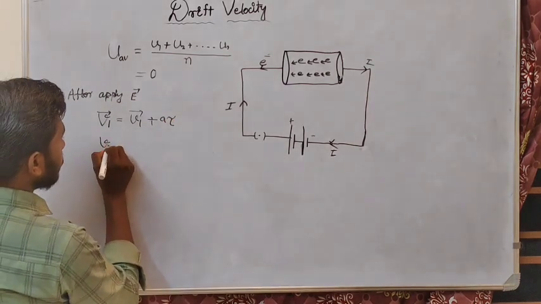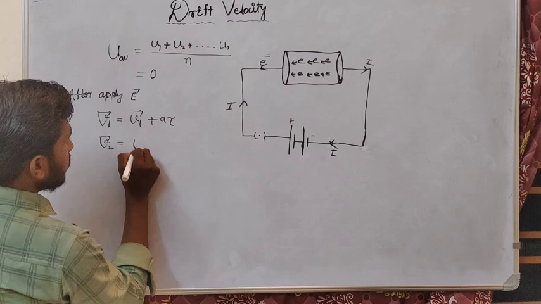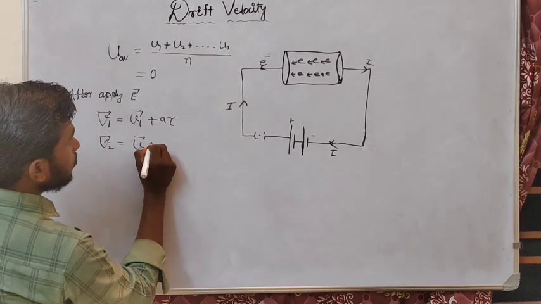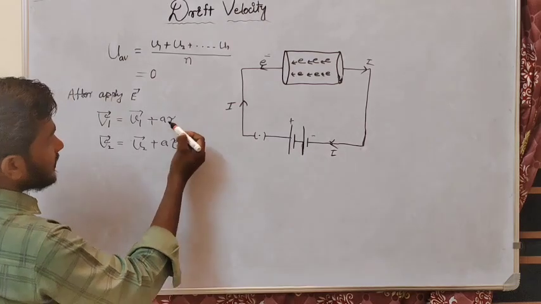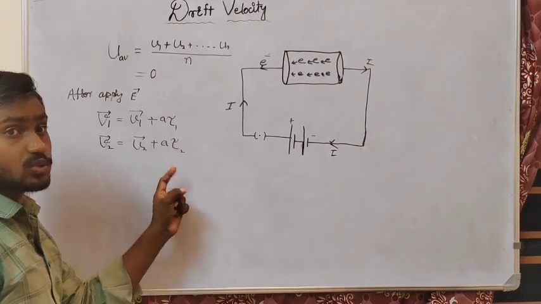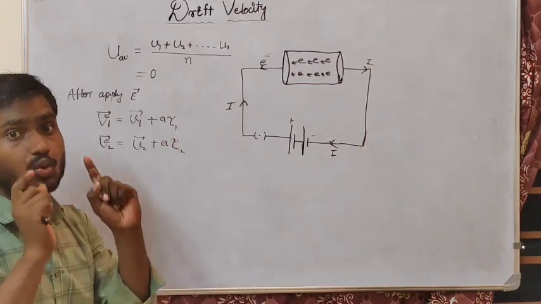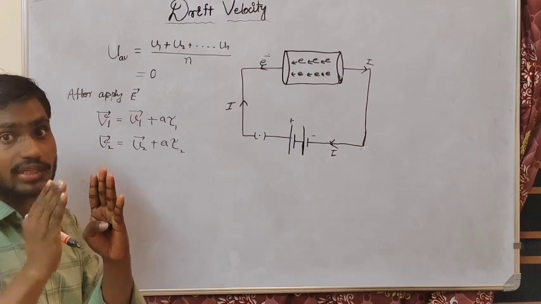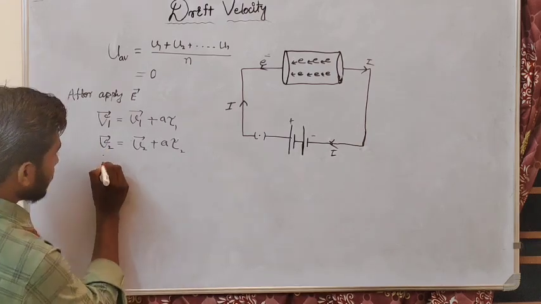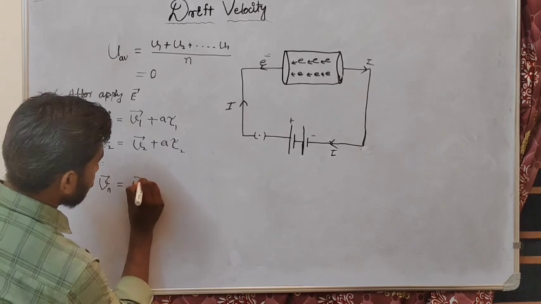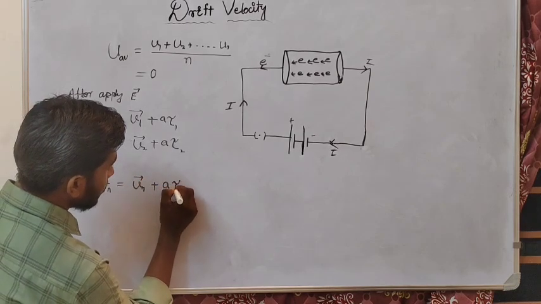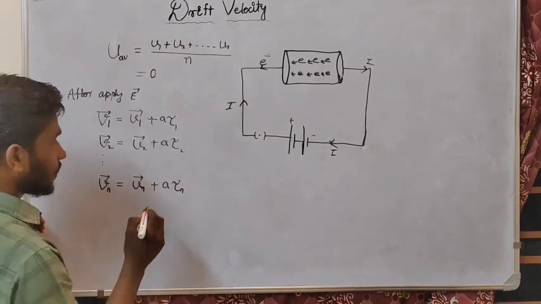Like that, v1 equals u1 plus a tau 1, v2 equals u2 plus a tau 2, where tau is the time interval between two successive collisions of the electrons. Like that, vn equals un plus a tau n.